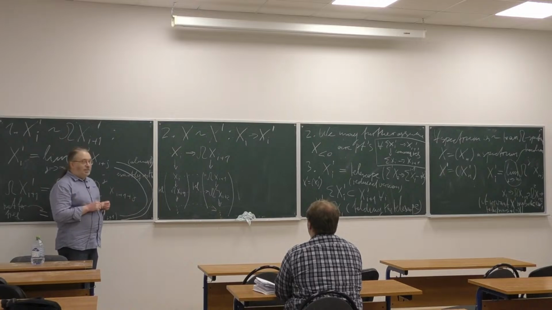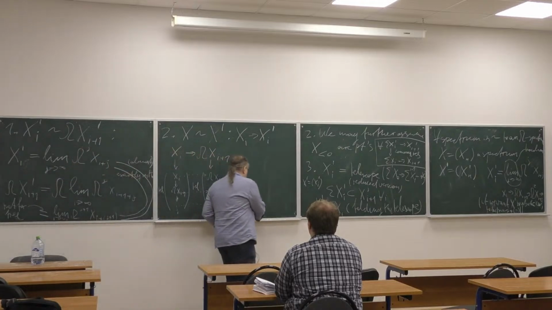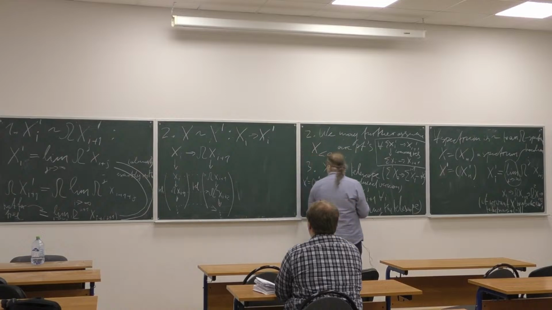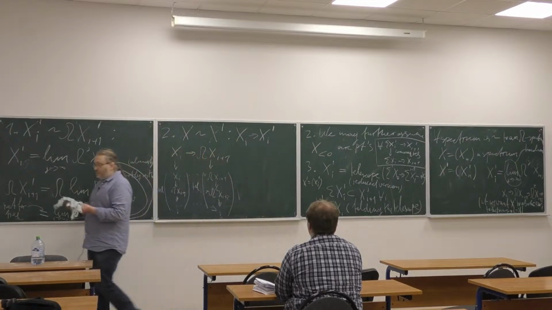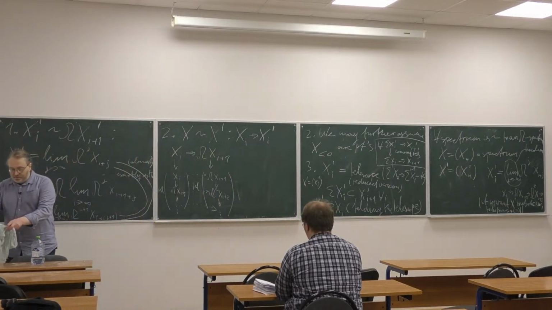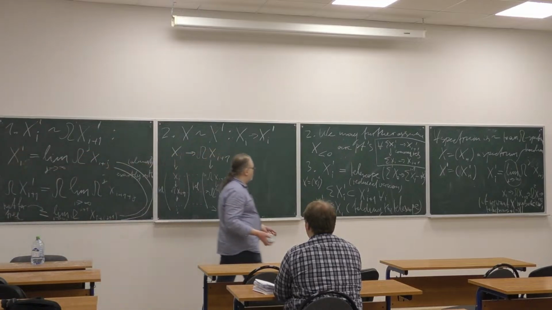Very well. Now, what happens to the homotopy groups? We have a map of spectra. We want to show that this map induces an isomorphism of the homotopy groups.